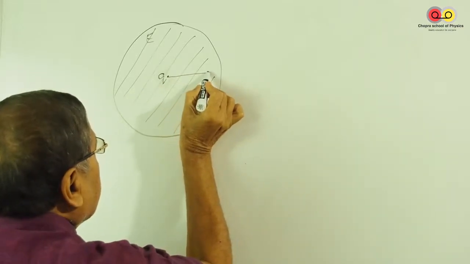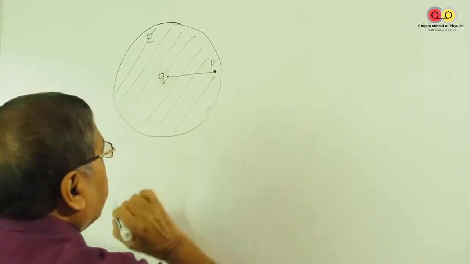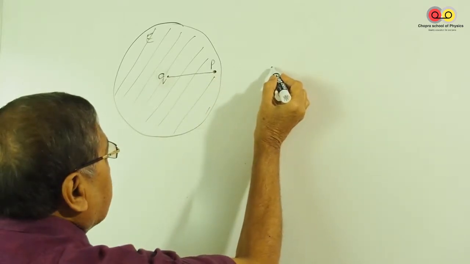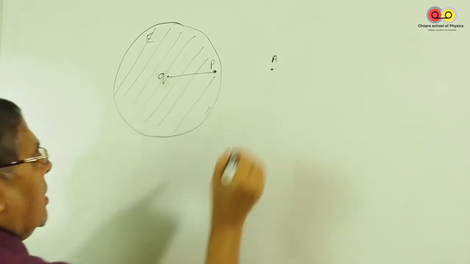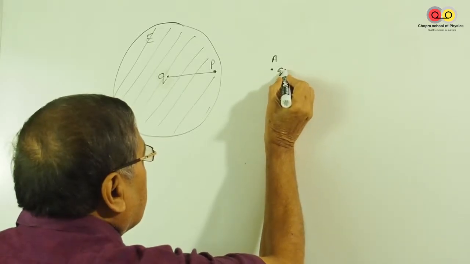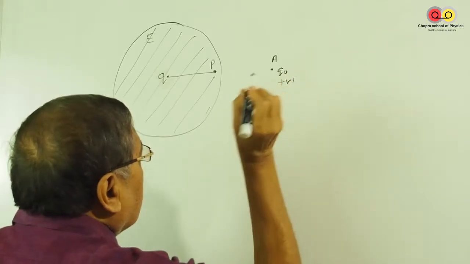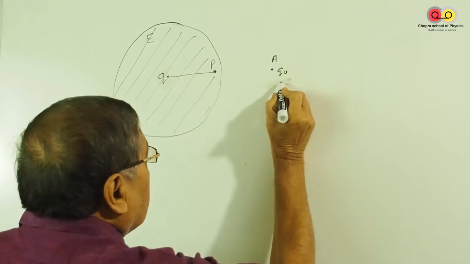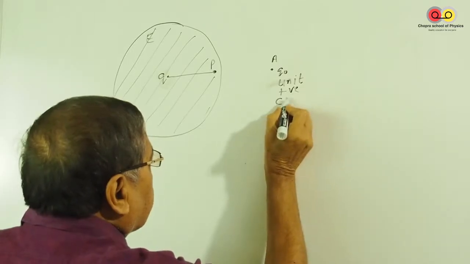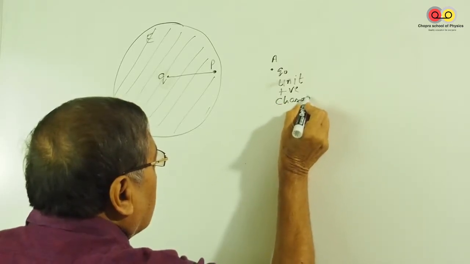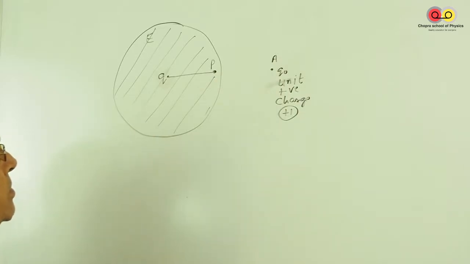A point is selected within the field, say point P, and another point is selected outside the field, and this point is A. Now a test charge Q naught, or unit positive charge, is kept at this particular point.